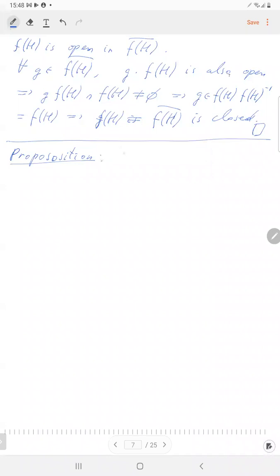So again, we have a morphism, and then the function x goes to the local dimension at x of the fiber through this point. Okay, so this function from capital X to positive integers is upper semi-continuous.